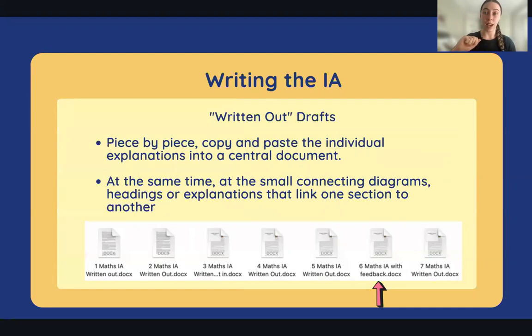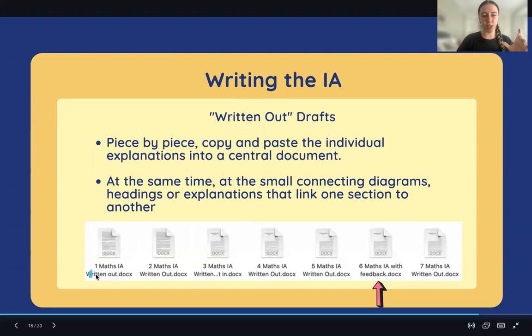And that meant that, as I was putting them in, I could slowly assess as I was copying and pasting whether I needed to add little linking sentences to make them all flow together as a cohesive document. So that's what I did. I put the first couple into this first draft, and then the next couple into this second draft, and then the third, and I slowly built it up until it was all of them.